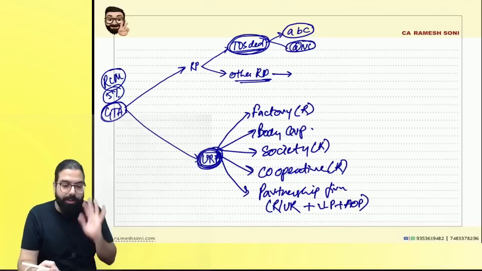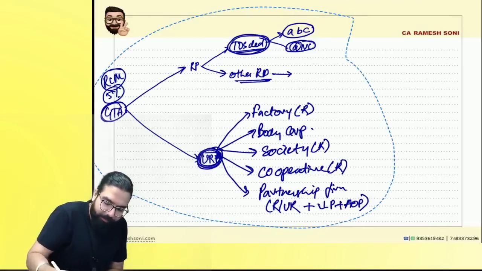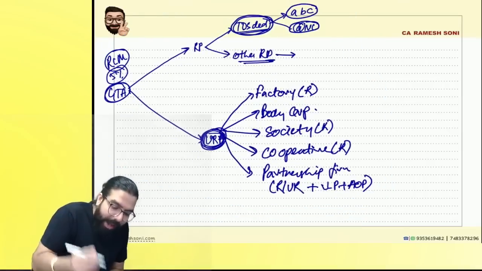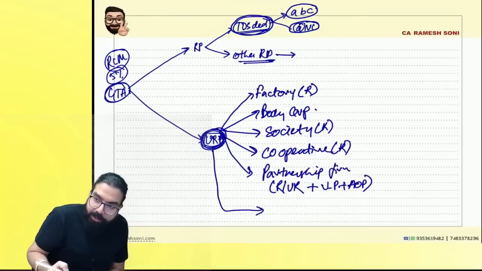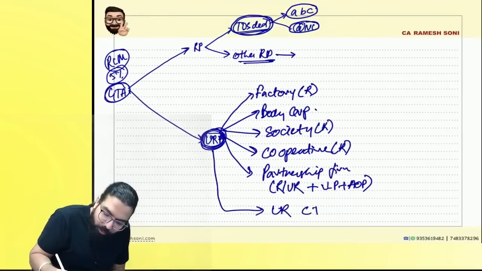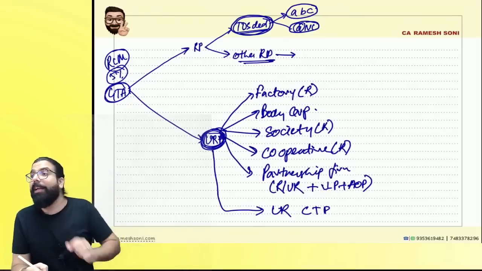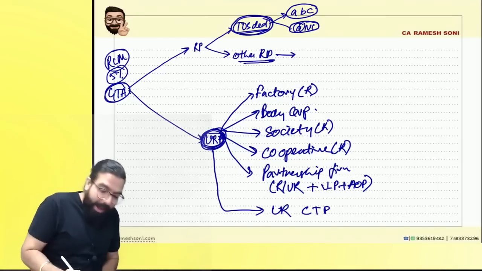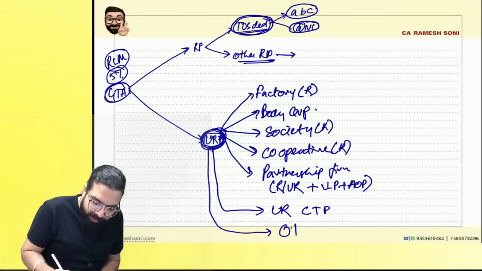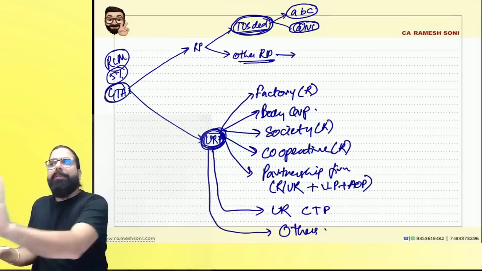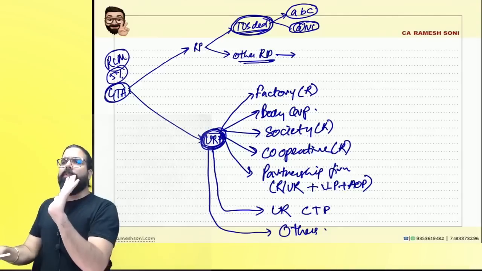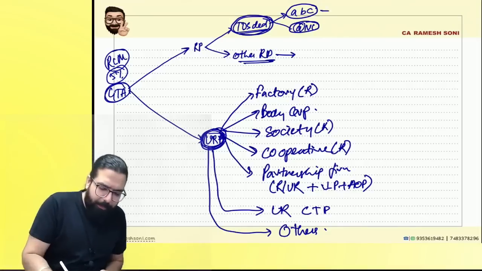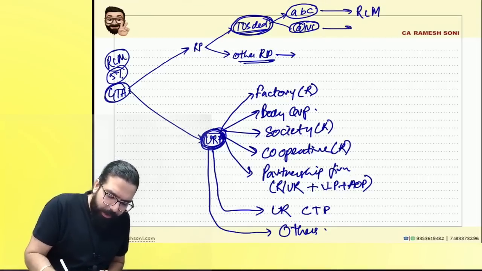Are we clear, everyone? Is everyone 100% clear till here? Okay. And in unregistered person you have one, unregistered casual taxable person. Baba, you remember handicraft suppliers who are exempted from registration, casual taxable person, and you have unregistered person which is others.